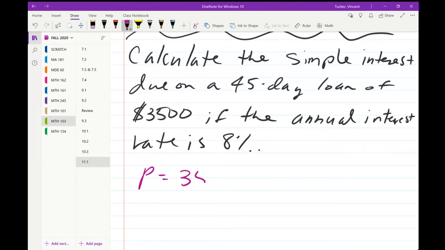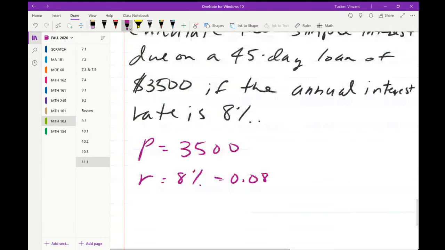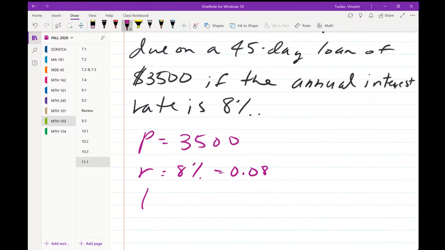So 3,500 for P, rate is 8%, so 0.08 for the decimal, and then time is 45 days, and that'll be 45 over 360 years.